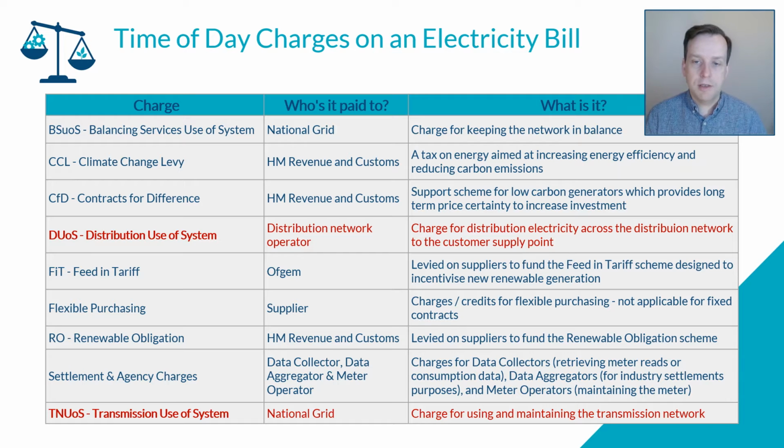These are the charges that pay for their business operations at transmission and distribution level, and these are time of day charges. So depending on when you use electricity will reflect the amount of actual money paid.